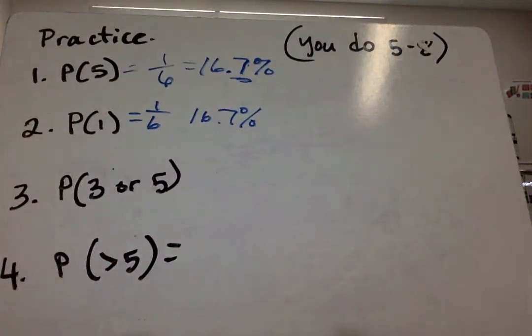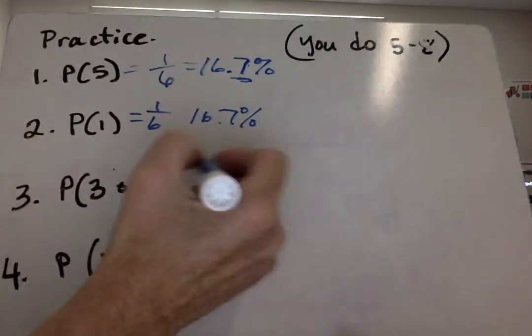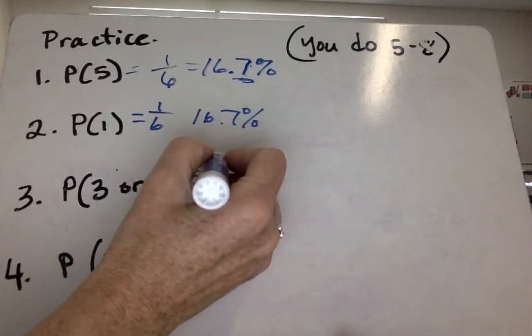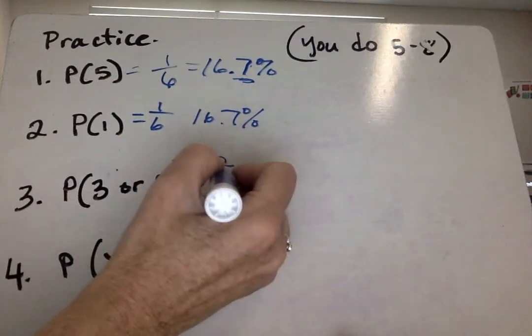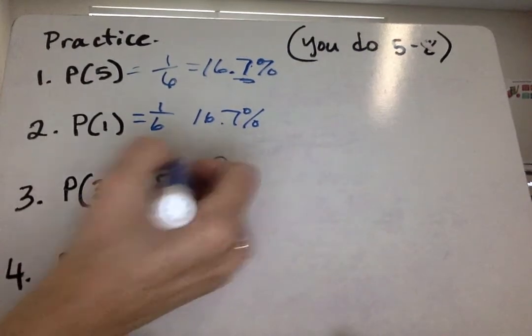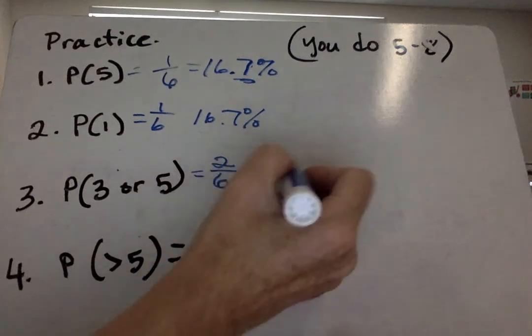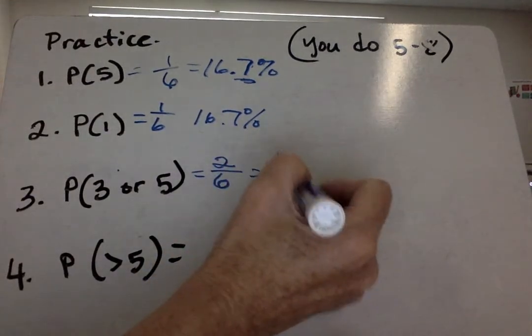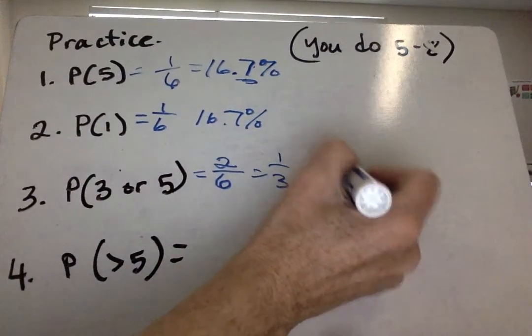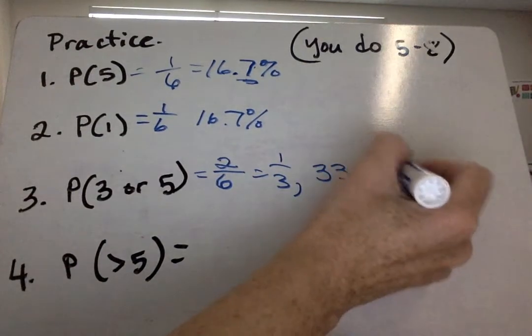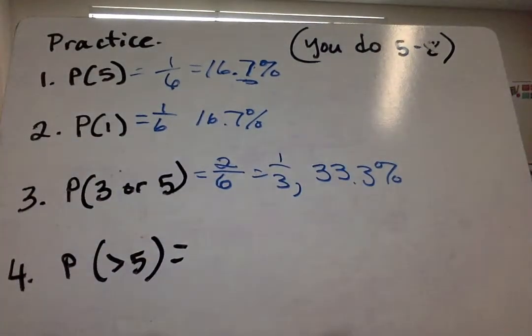Probability of a 3 or a 5. That will give us 2 out of 6, because there's 2 of them, 3 or 5, out of 6 possibilities, and that's 1/3. And we write it as a percent, and this is just one you should probably memorize.